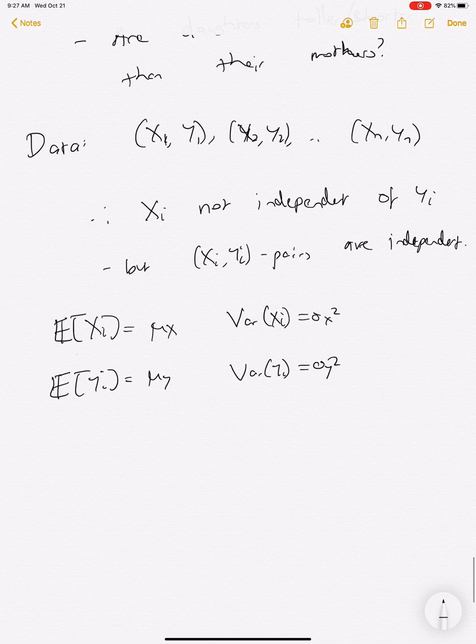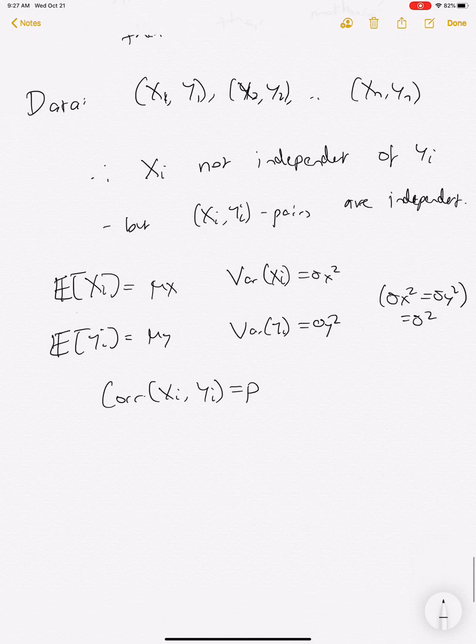And then for simplicity, we're just going to assume sigma x squared equals sigma y squared, as I mentioned earlier. So we're just going to call this sigma squared. And then we also have that the correlation between xi, yi is equal to rho. And that's often going to be bigger than 0, just because, if you think about the example of mother and daughter heights.